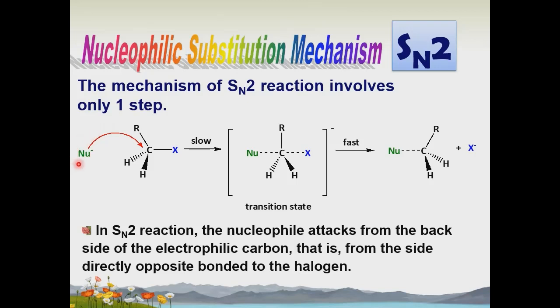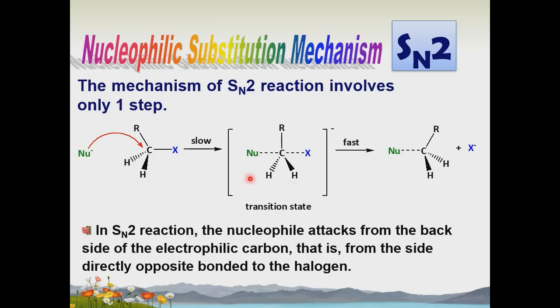The nucleophile will attack from the back side of the electrophilic carbon, and then it will turn into a transition state which has 5 bonds attached to the carbon. This is extraordinary, so it is not stable.